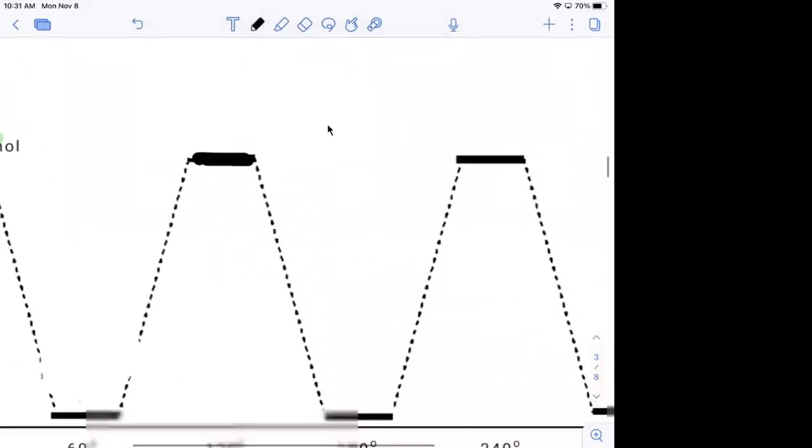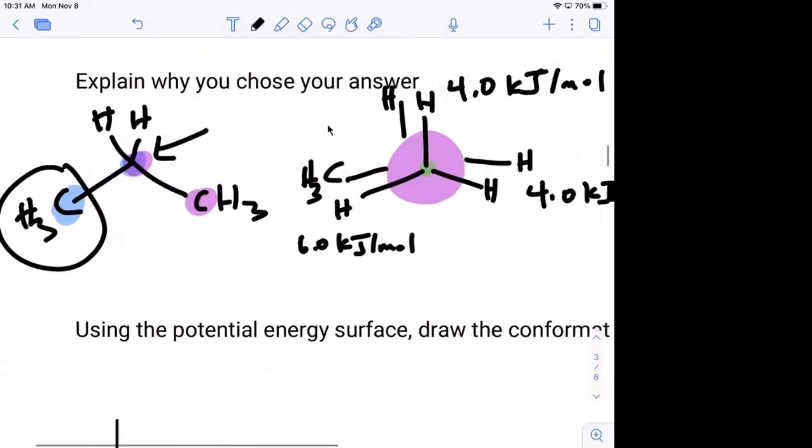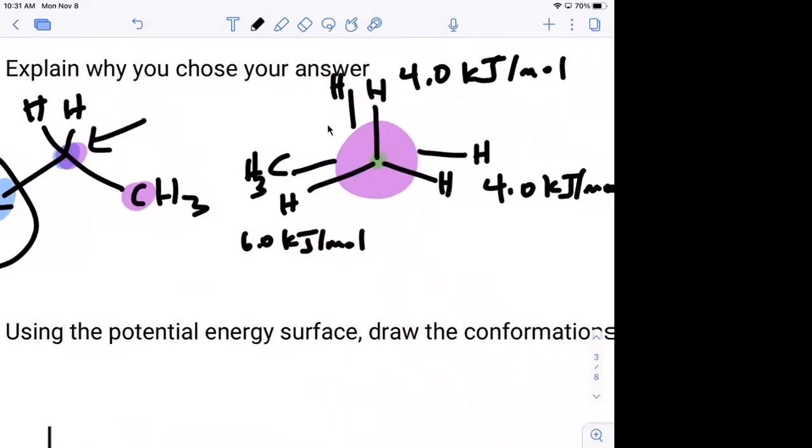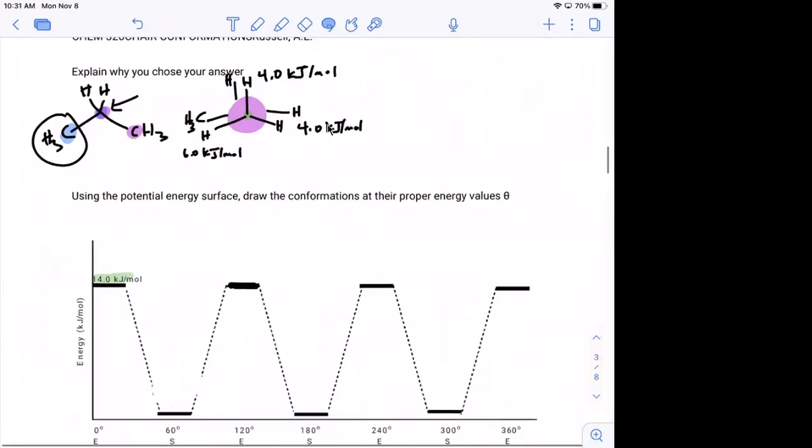All right. Okay, so now let's go to here. This is going to be our Newman projection that we start out with right here. So I'm going to move this, and we're again going to continue by rotating the front carbon.